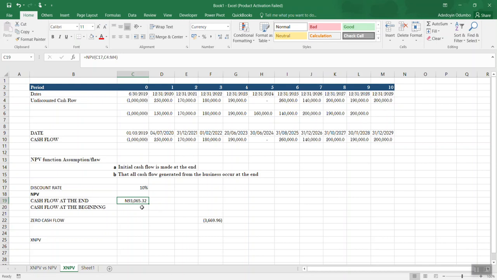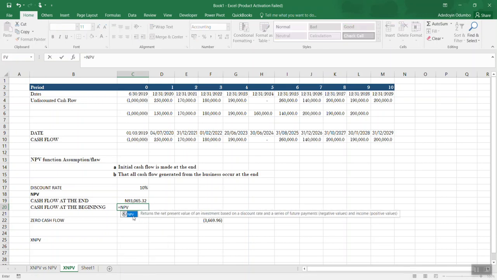But in order to solve this, I'm going to say equals NPV, my rate, comma. For my values, I will start from year one. So my initial cash flow will not be included there, so I'm not going to discount it like that.